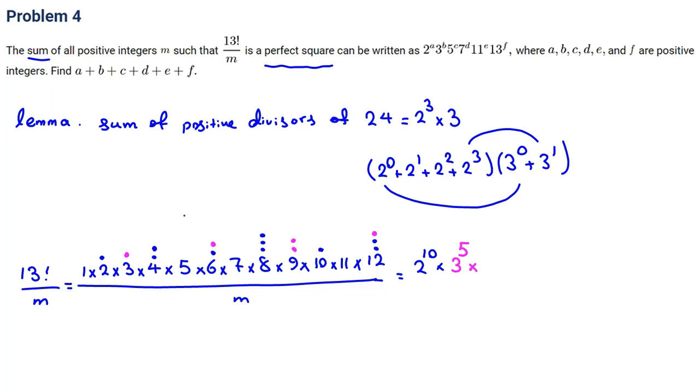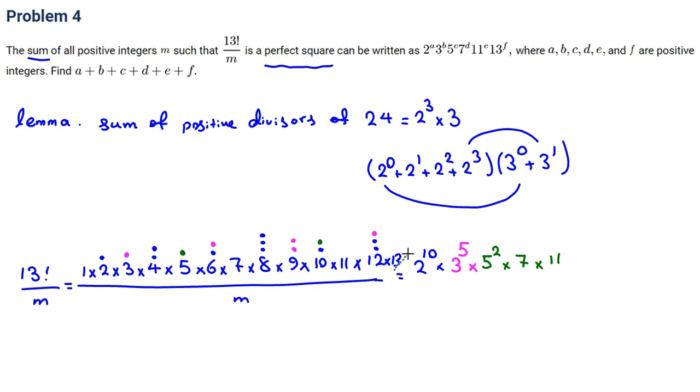Times, the next one, 5: 5 and 10, so it will be 5 squared. For 7, it's obvious because we have only one multiple of 7, 7 itself, times 11. And the last one, 13 factorial, so we should have 13 also here.